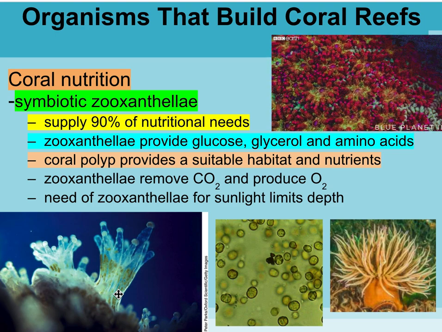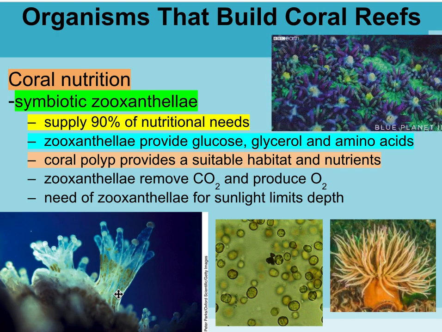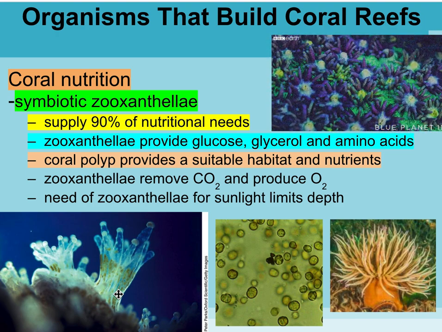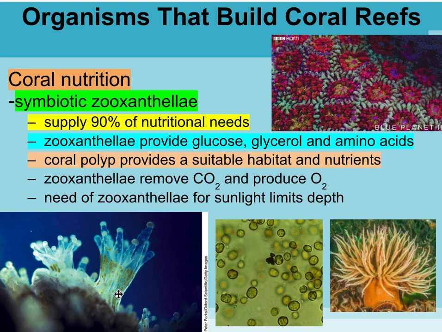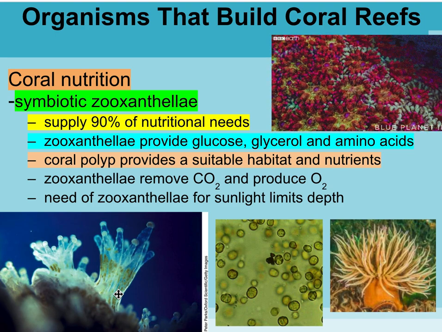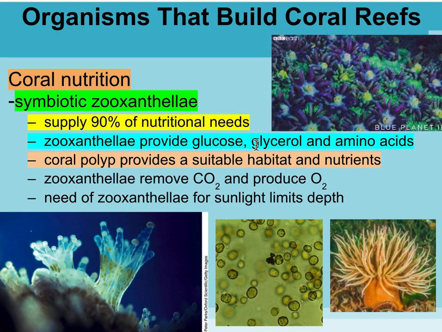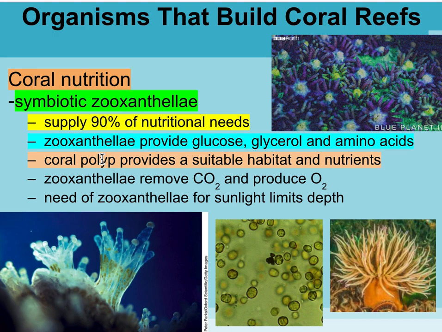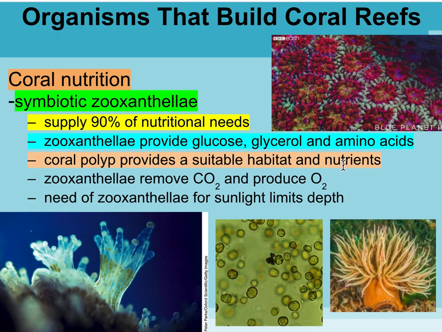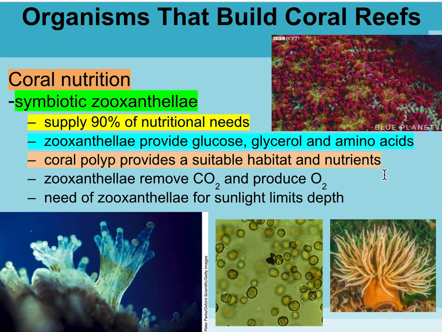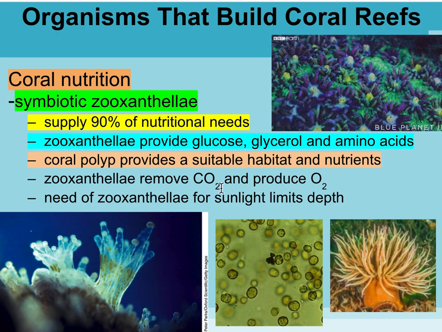So when you see a coral that has this beautiful color inside, just know that it's the zooxanthellae that's giving it that gorgeous color. The zooxanthellae specifically provides glucose, glycerol, amino acids, and the coral makes a nice habitat and does provide some nutrients, which is really cool.